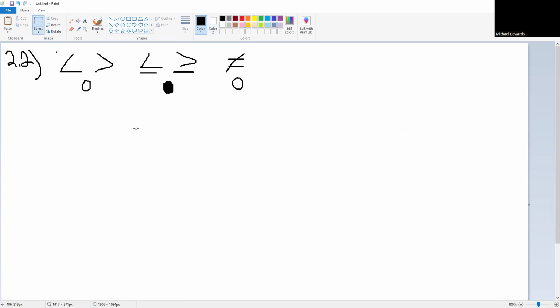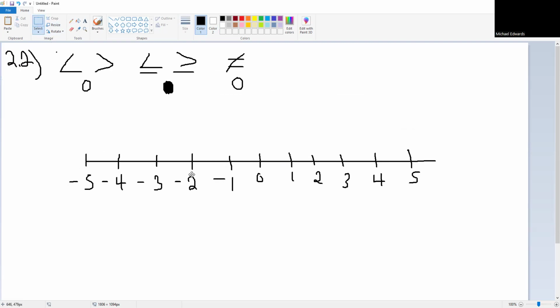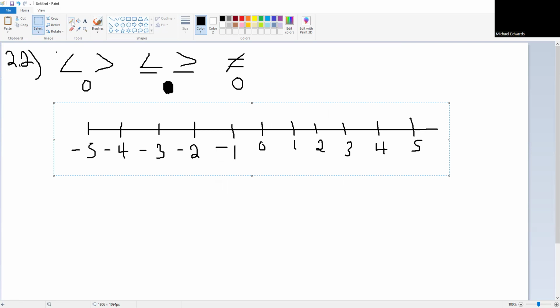Let's do a couple more. Oh, my handy dandy little thing here. Okay, this one is 0 less than or equal to x, which is less than or equal to 4.